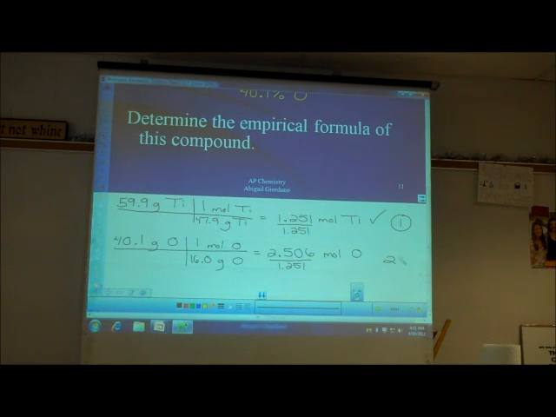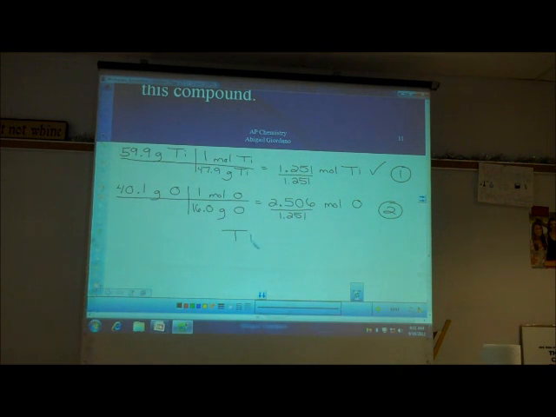This is basically 2. Might not be exactly 2.0000, but it's 2. What are these numbers that I've circled? Subscripts. Do you agree that these subscripts cannot be reduced down any further? Say yes. Yes. All right. Then that is my final answer.